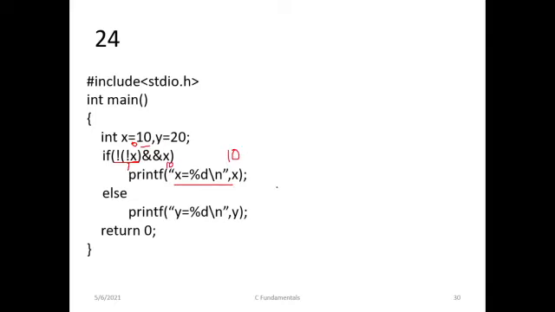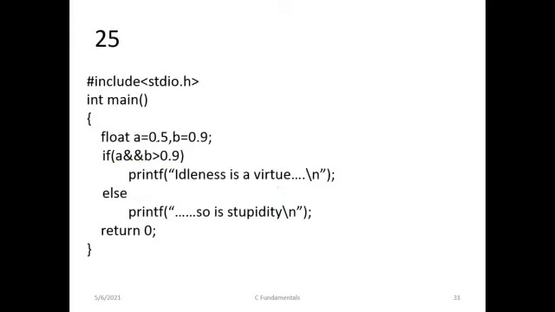Okay. Next, A is 0.5, B is 0.9. A and B greater than 0.9. Which has higher priority? Only greater than has the higher priority. It is not and. You can go and check the precedence table, right? So B greater than 0.9.